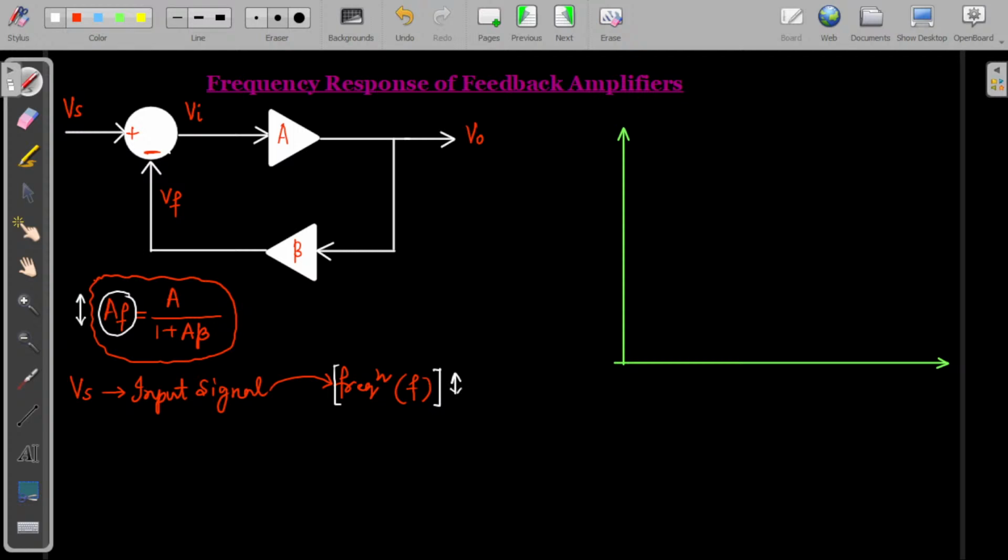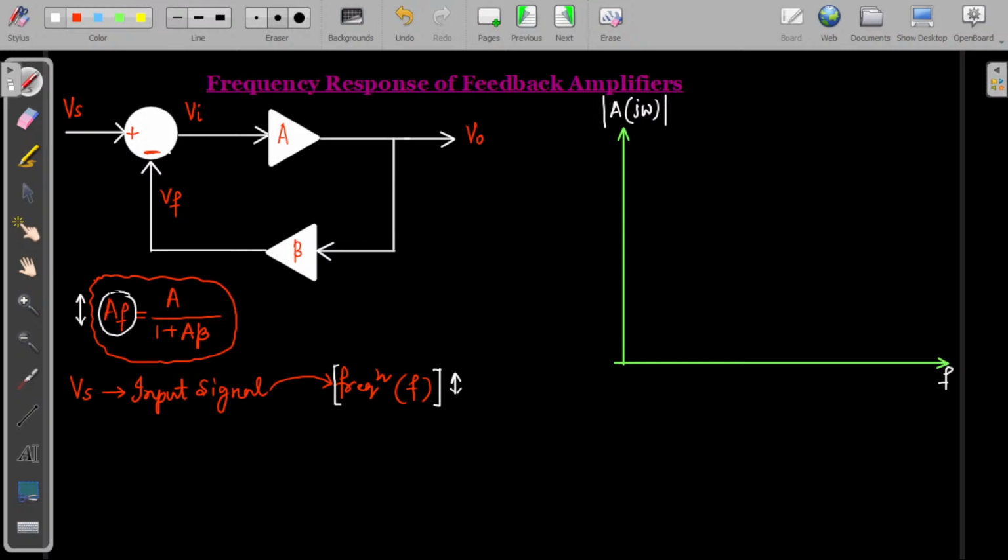Okay, so that means in the x-axis we have to plot the frequency F, and in the y-axis we have to find the mod of A(j omega). That is the gain. A(j omega) means the AF.